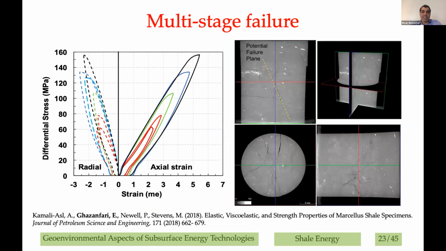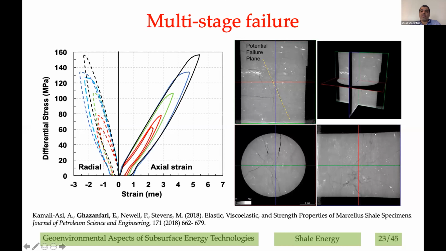For Marcellus shale, I'm just providing this example in terms of the strength, specifically multi-stage failure, and how you can see this sedimentary rock when subjected to failure, how the strength will change. It's important from a geomechanical perspective because you get the parameters that later you will need for the models that you want to develop, and you want to make sure of the extent and the direction of the fractures that will be created in the field.